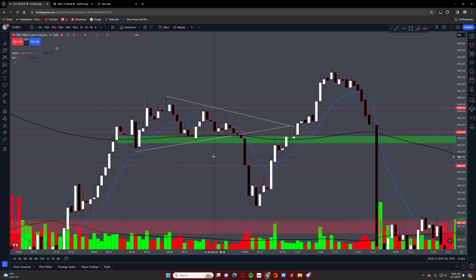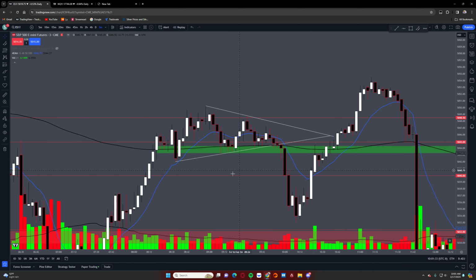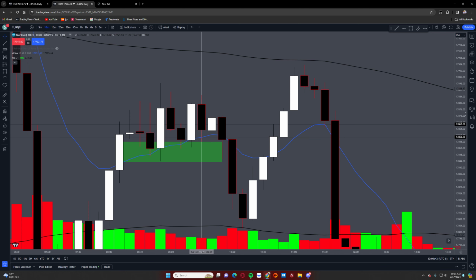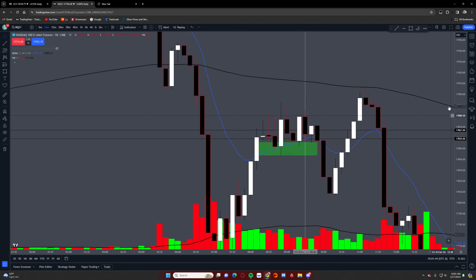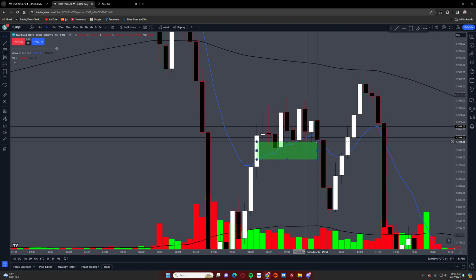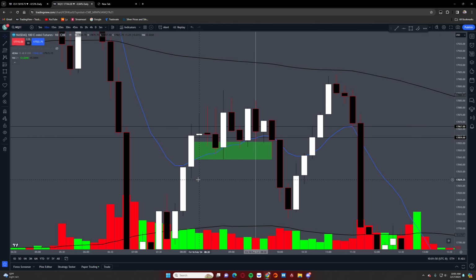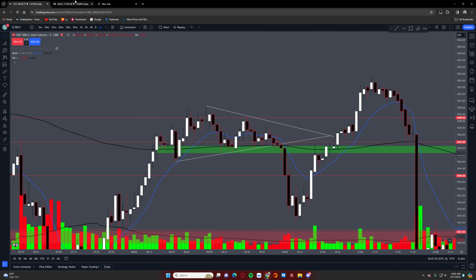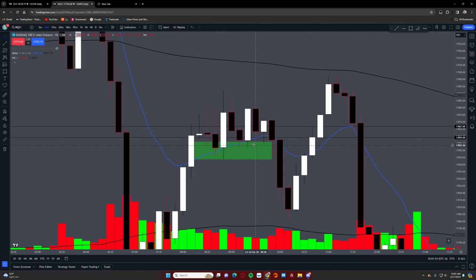I did say we can play the bounce, right? I did say we could play the bounce, and that's exactly what I did the first time. I played that on NQ right here. I played this right here, 859 to 67. My entry was based off of the supply zone on ES, and also we had this 10-minute 48 or 13 EMA.